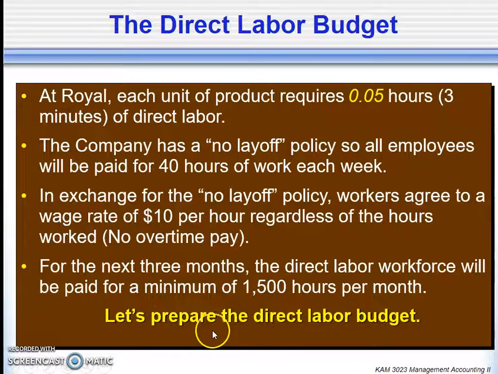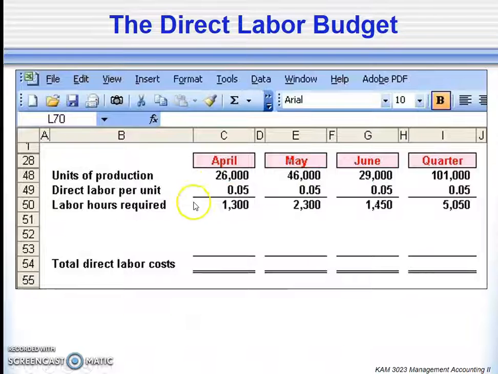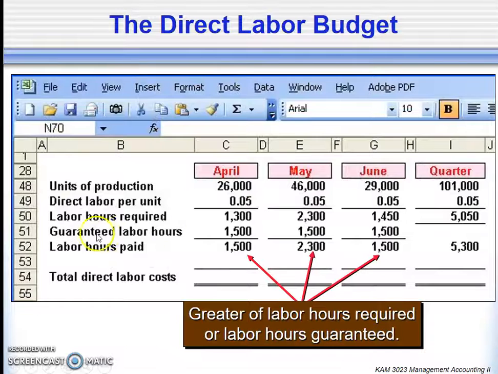Okay, so let's prepare the direct labor budget. Units of production for April, May, and June. Direct labor per unit, 0.05, and we get direct labor hours. The guaranteed labor hours is 1,500 hours.